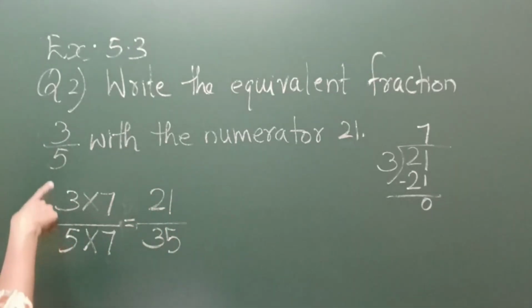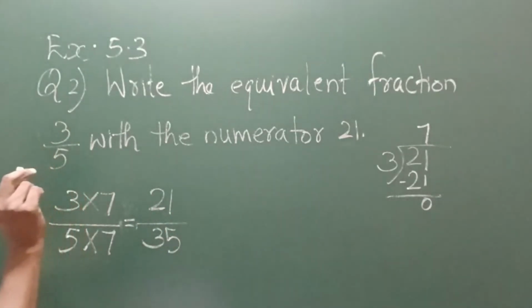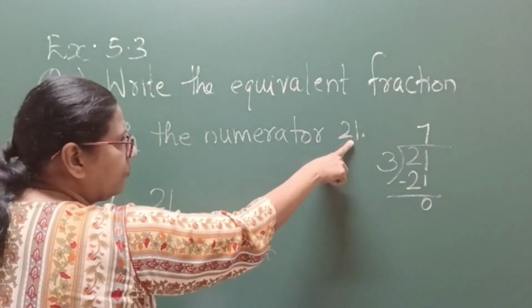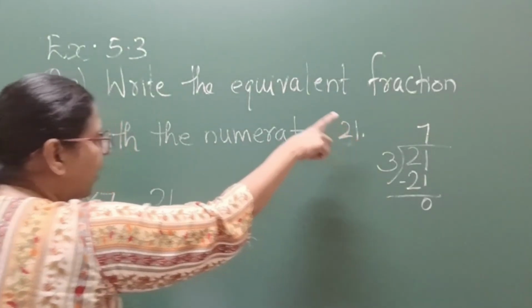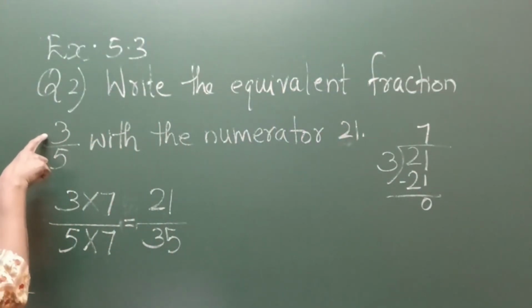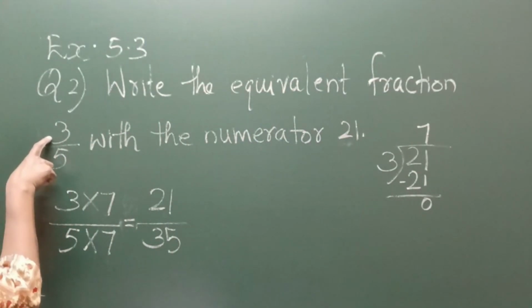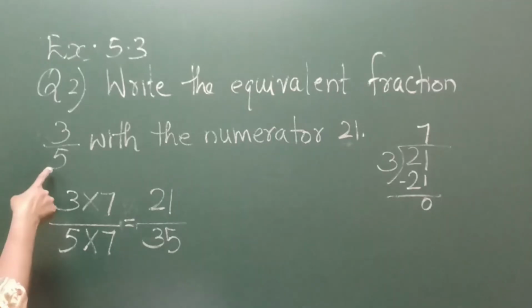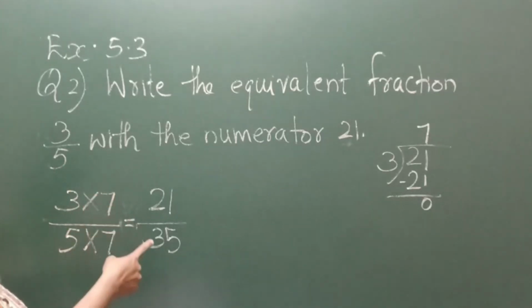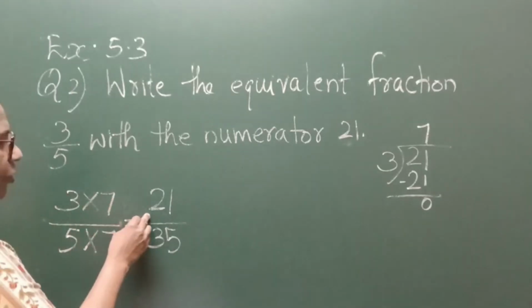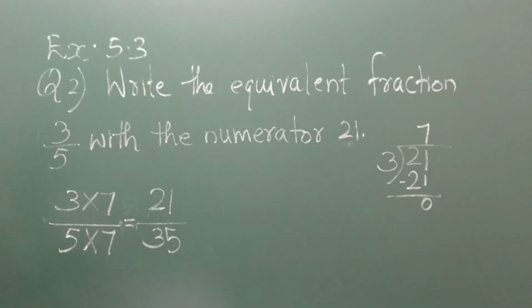How did we find it? We divided the given numerator 21 by the given fraction's numerator, then we got the factor. With the same factor we multiplied the denominator, and got the new denominator for the new numerator.